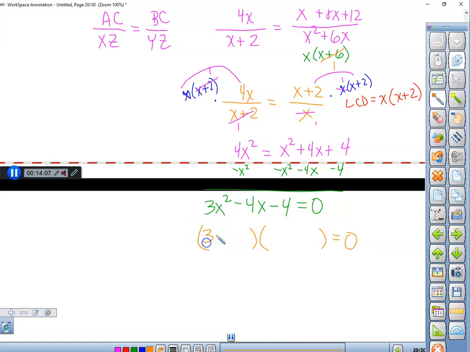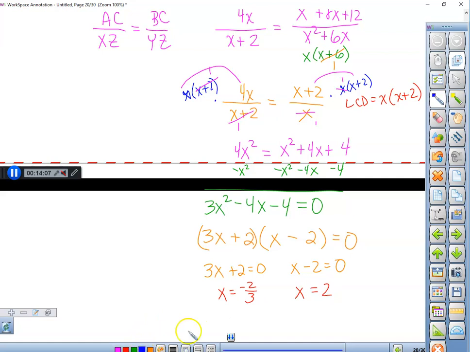So I've got a 3x and an x, and if I do 2 and 2, I think that will work, because that's going to give me a 6, and a 6 minus a 2, so I want my 6 to be negative, my 2 to be positive, so I get negative 6 plus 2, which is negative 4. Alright, there it is. So 3x plus 2 equals 0, or x minus 2 equals 0. So this gives me an x of negative 2/3, and this gives me an x of positive 2.